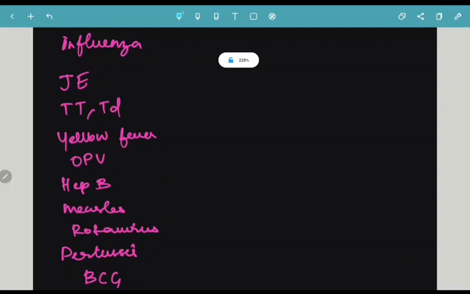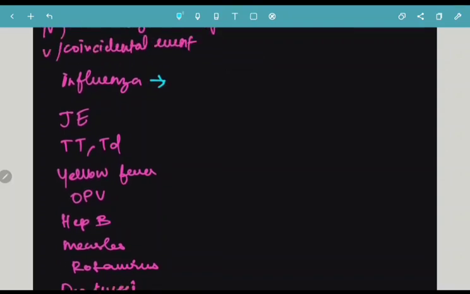The first one is influenza vaccine. So what are the side effects of influenza vaccine?